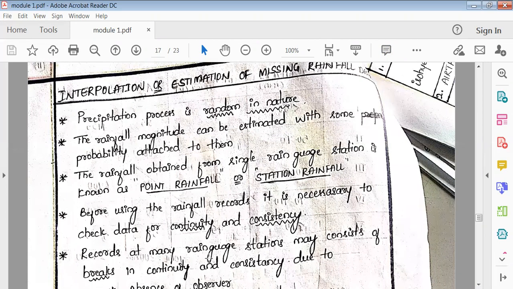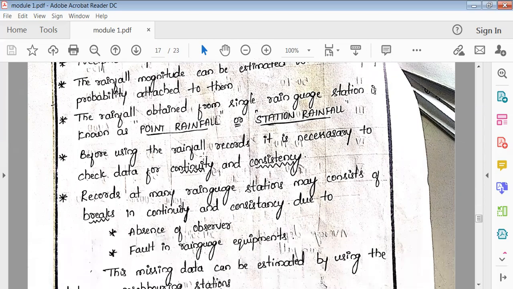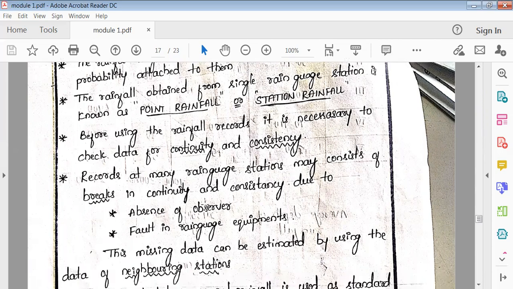There are various methods to estimate or interpolate the missing data, and the rainfall obtained from a single rain gauge station is known as point rainfall or station rainfall. As such, we have to collect all the rainfall data from nearby rain gauge stations. It is very important to check the data for continuity and consistency.